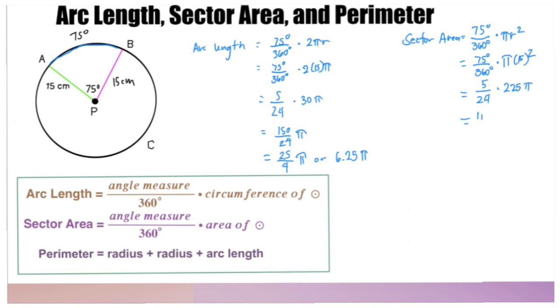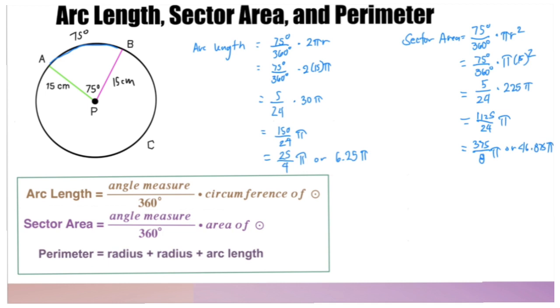It's 1125 over 24 pi. And can we simplify this? This is 375 over 8 pi, or in decimals, we could say this is 46.875 pi. So here, this is the sector area.